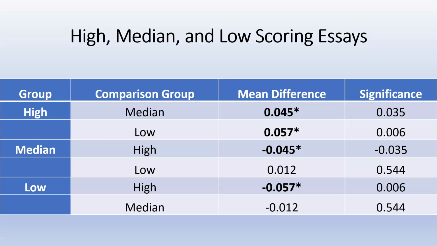For the purposes of this study, we excluded the median group altogether and kept only high-scoring essays, which were 90% and above, and low-scoring essays, which were 65% and below, which is considered failing at the institution at which this study took place.